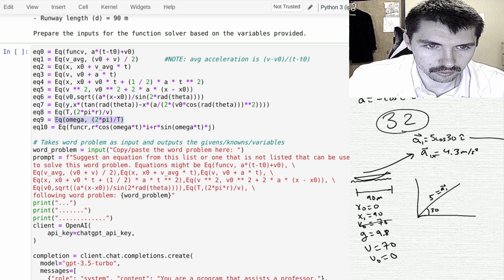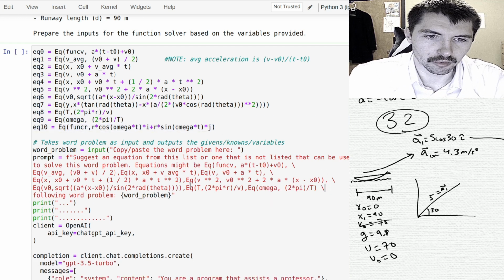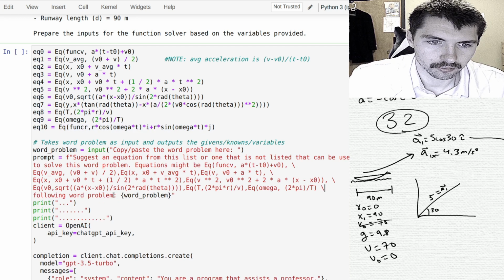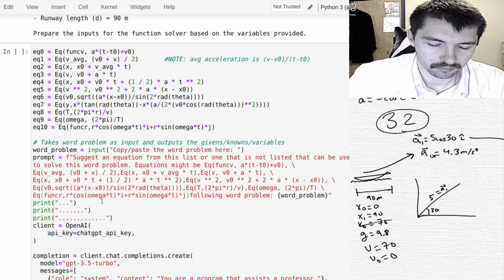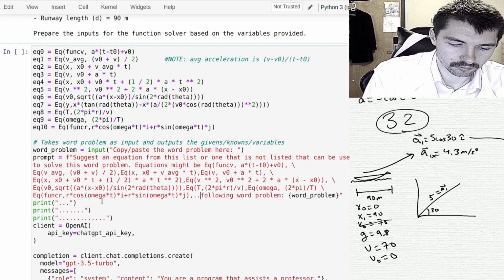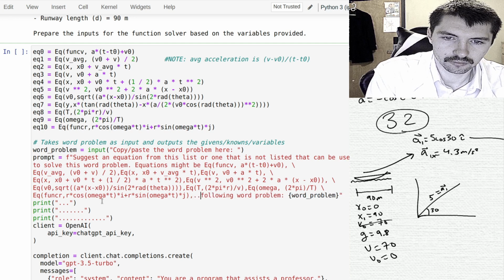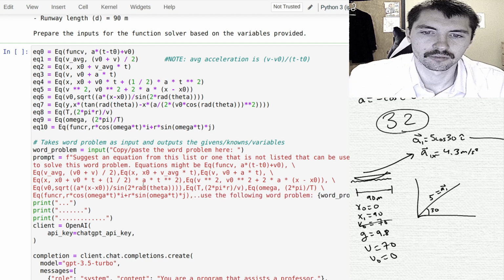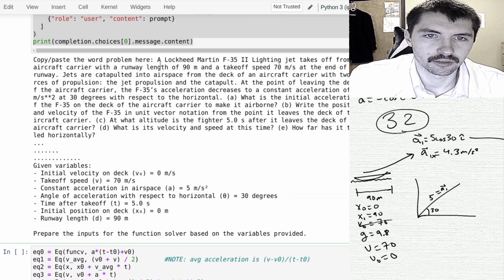I don't want to become totally dependent on the language model.